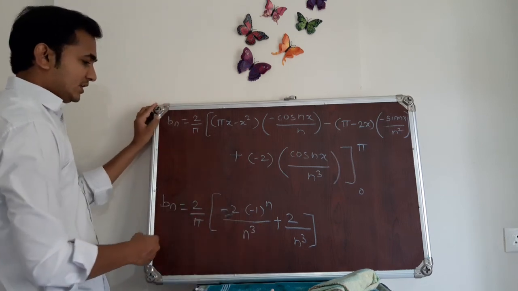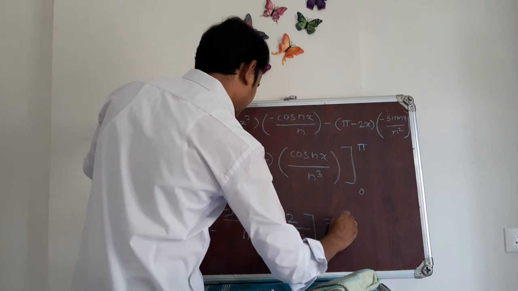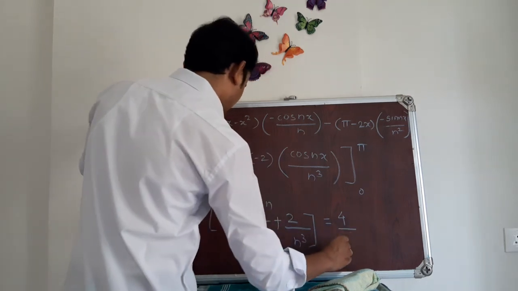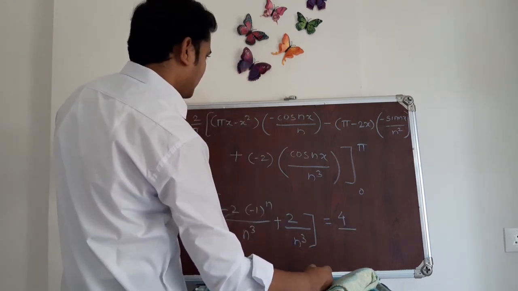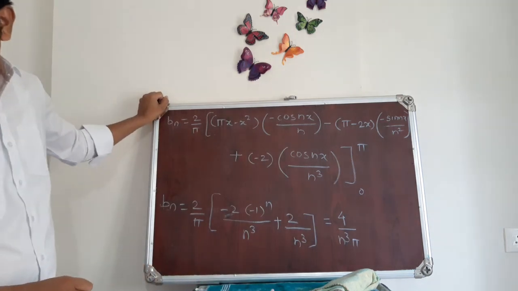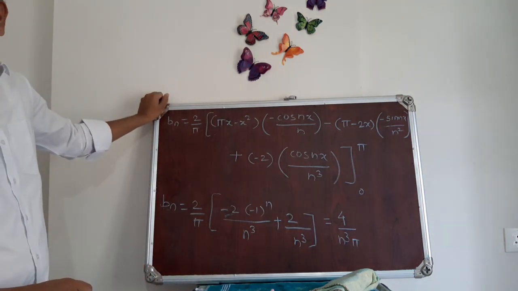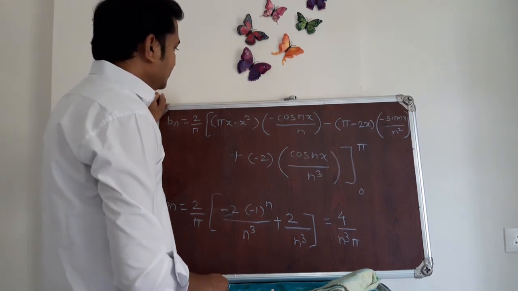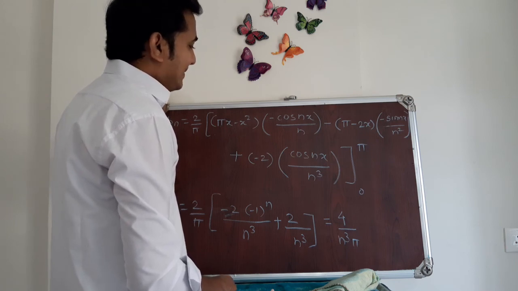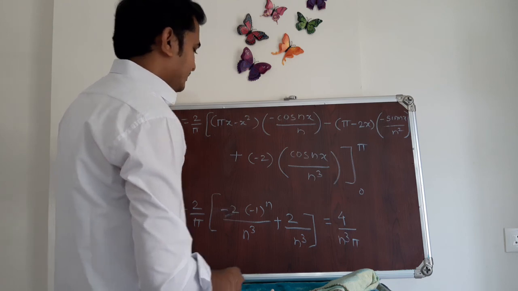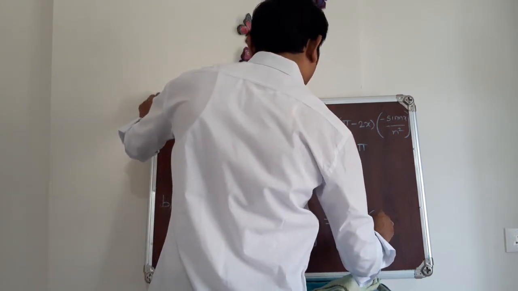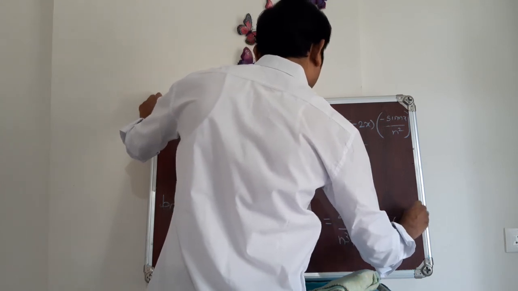Alright, so you can take this 2 out, so that is 4 by n cube pi into this 1 minus 1 raised to n.